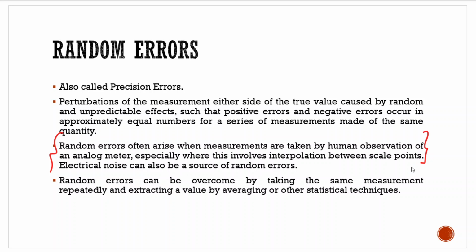So by taking the mean value of the readings, we'll actually be getting the true value of the readings. So we'll be taking a number of observations and taking the average of those observations. The average of those observations will be accurately depicting the true value of the output.